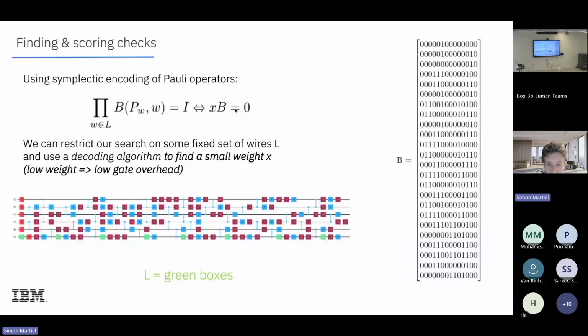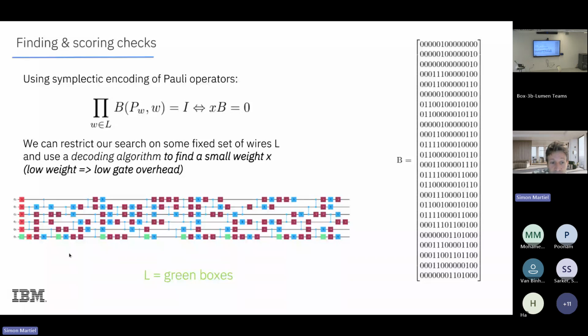So for instance, if I pick this circuit at the bottom, which is quite a big circuit, and I say that I only want to pick checks where the Paulis will be located at the green positions at the bottom here, then I can basically look for all the positions that I'm interested in, back propagate Pauli X and Pauli Z, and this will specify the full set of valid checks.